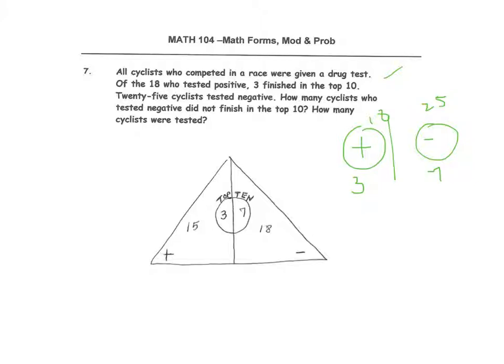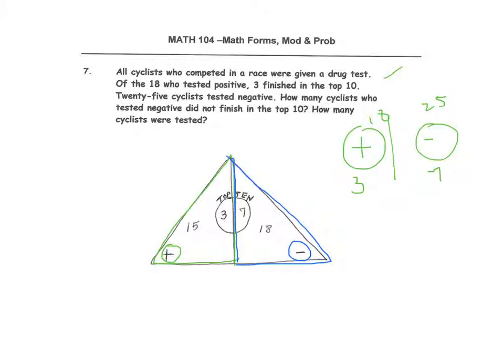So again, it's very similar to the previous problem. So we could use triangles. Any shape works. So we use a triangle to represent the set of all people who tested positive. Let's say we use a blue triangle for the set of all people who tested negative.